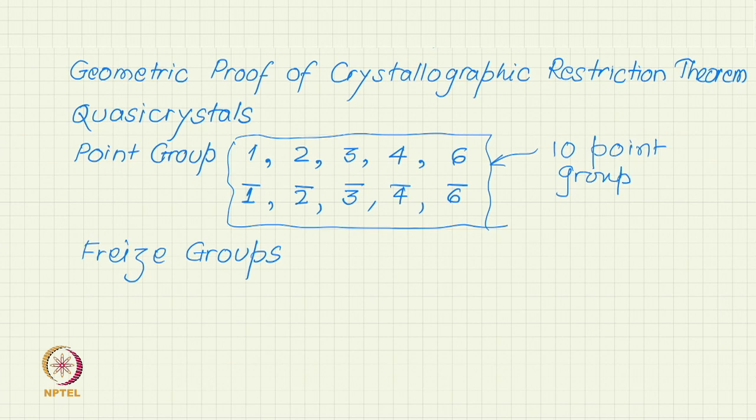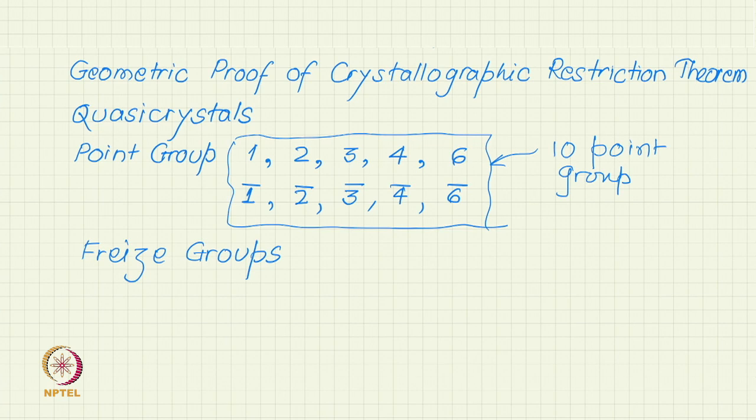when we say a fourfold axis, it is actually 4 different operations: an identity operation which is a 0 degree operation, then 90, 180 and 270. So, these 4 operations we have seen form a group.